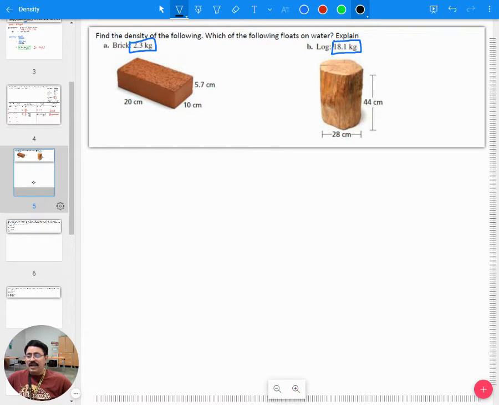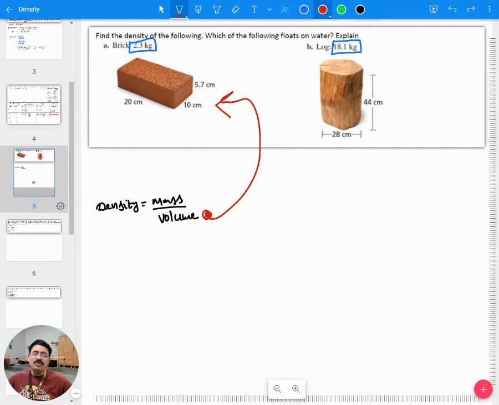We know that density equals mass per volume. Mass per volume, right? And here I see that the mass of the brick is given as 2.3. When it comes to volume, volume is not given, but the dimensions are given. So if I know the dimensions, can I compute the volume?